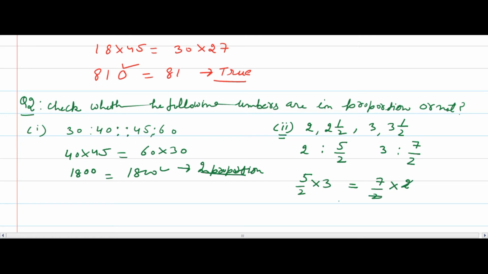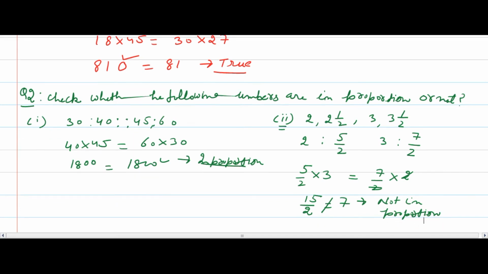So we have got 15/2 equal to 7, which are not equal, so they are not in proportion. So this second part is not in proportion.